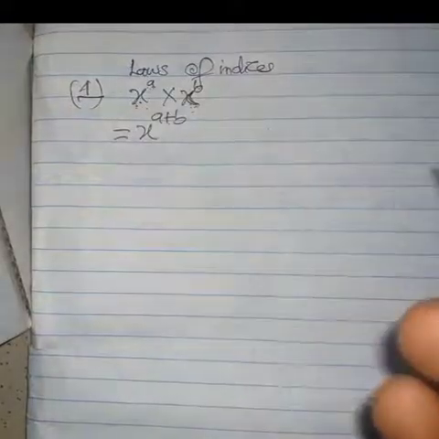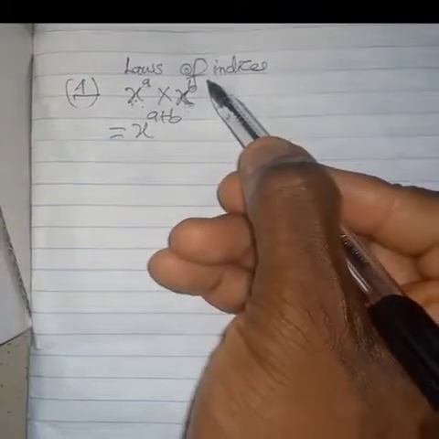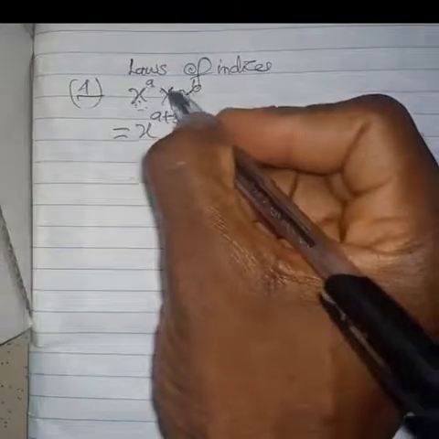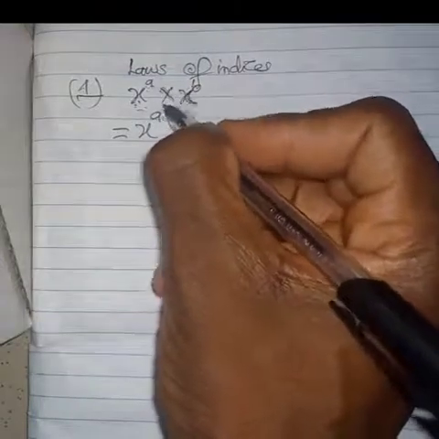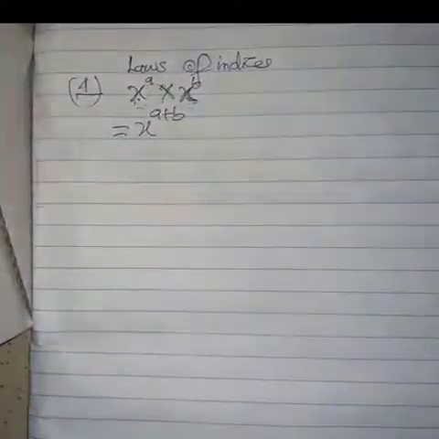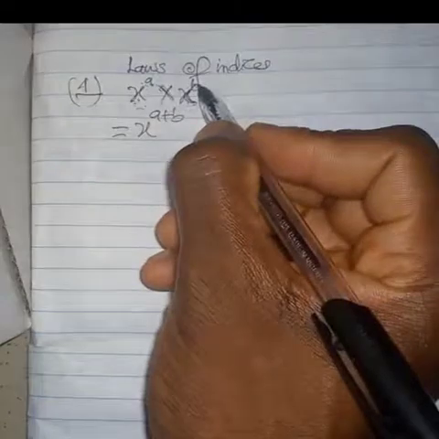In this case, you can see x raised to power a multiplied by the same x raised to power b. Pick one of them, and as long as they are joined together by a multiplication sign, you then need to add the powers, right?